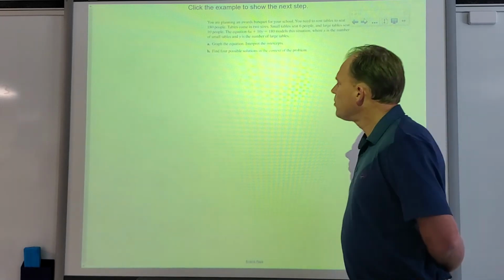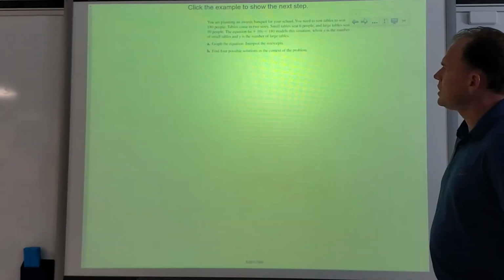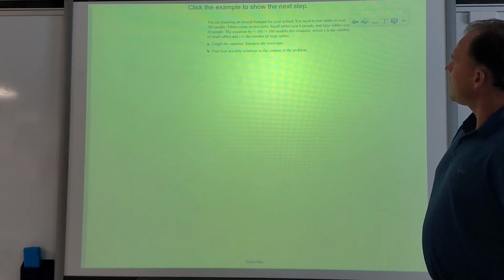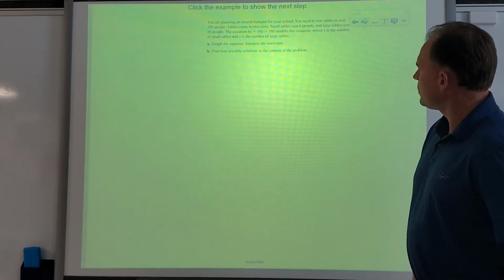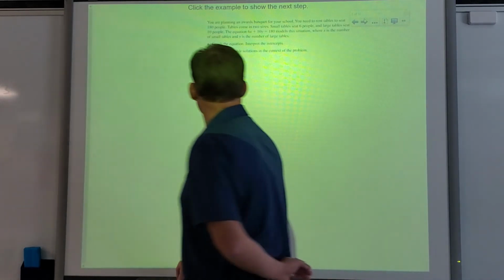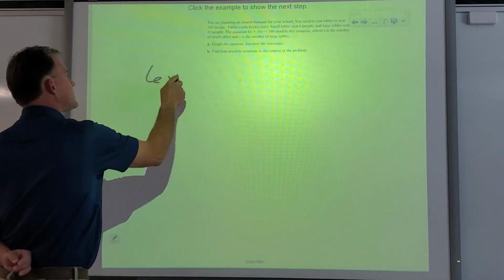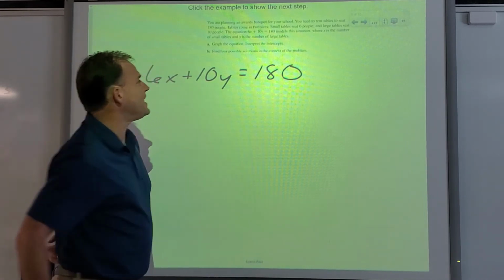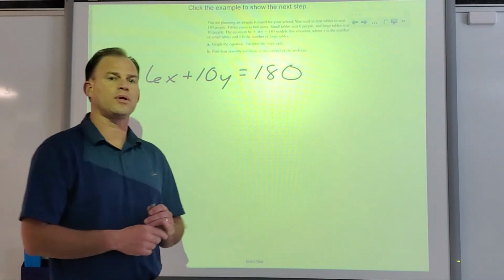So this problem says, I'll zoom in for you, but it says you're planning an awards banquet, you need to rent tables to seat 180 people. Tables come in 2 sizes. So the equation is 6x plus 10y equals 180. Graph the equation, interpret the intercepts.